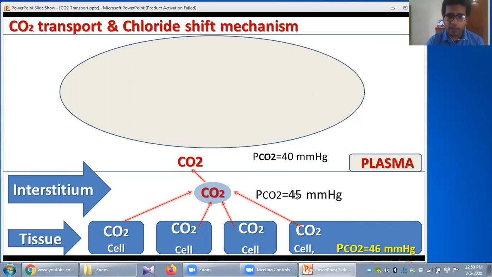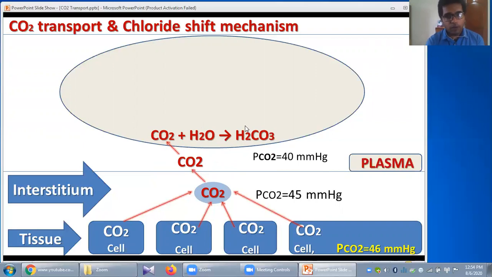So what will happen? Again, this carbon dioxide will diffuse from interstitium to the plasma down its partial pressure gradient of 5 millimeter of mercury. So the next step, this carbon dioxide will enter into the red blood cell across the red cell membrane, as it is a very lipid soluble substance.